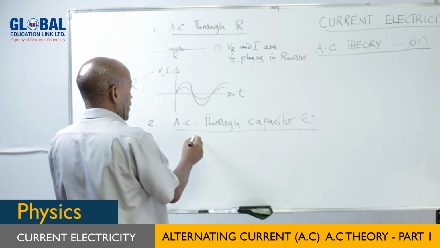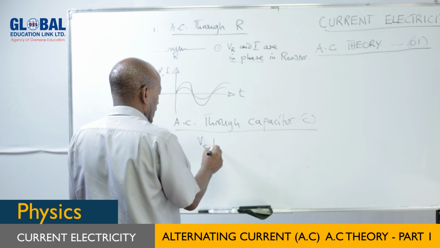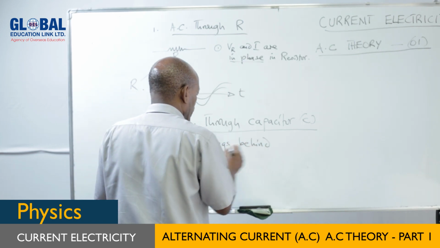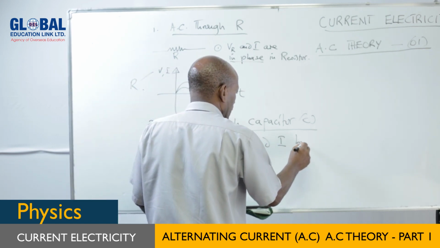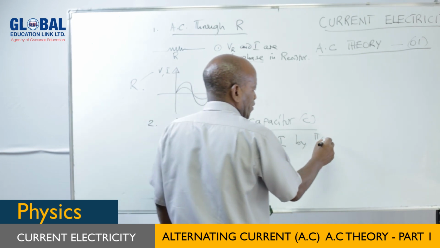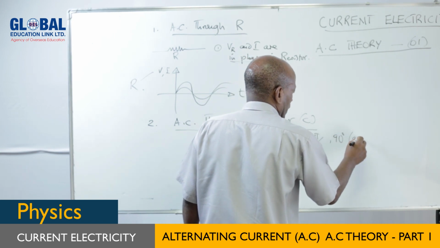So here we are saying that the voltage through a capacitor lags behind the current by a quarter of a cycle, or by 90 degrees, or by pi over 2.